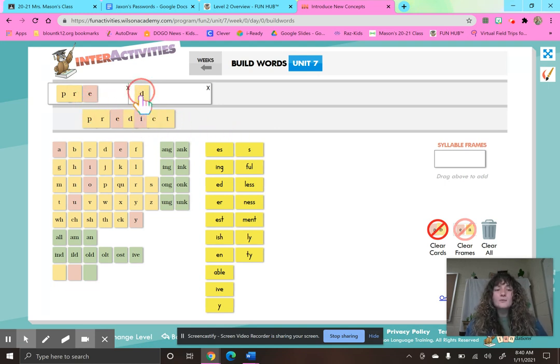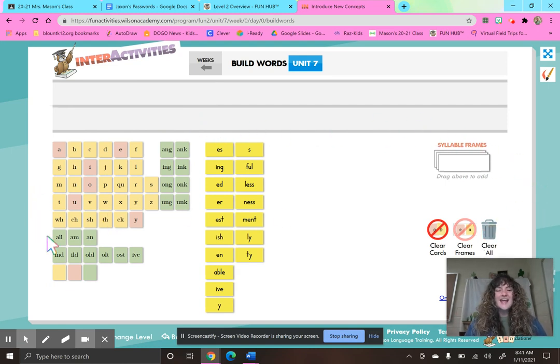Our second syllable is dict. What is the I saying in dict? It's saying i, and it's closed in by a consonant. So it is a closed syllable. What was this word again, Smarties? Predict.